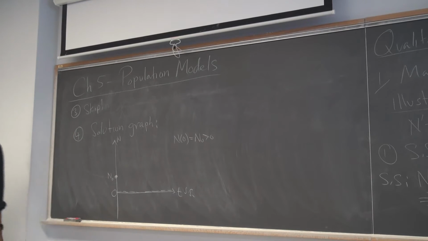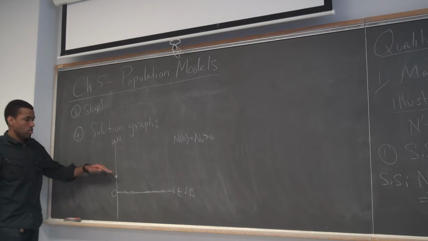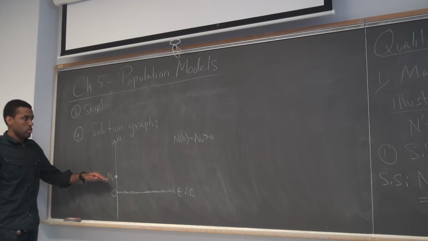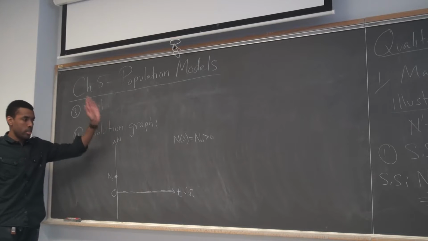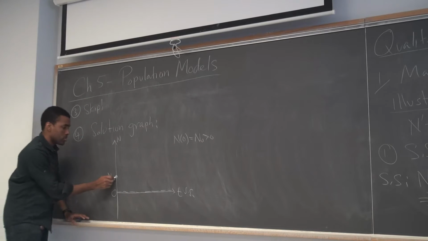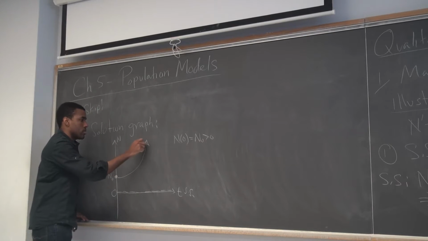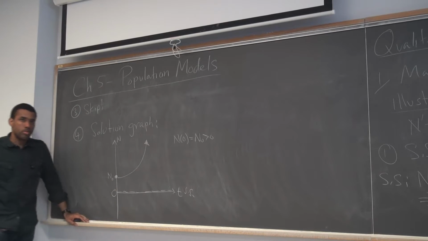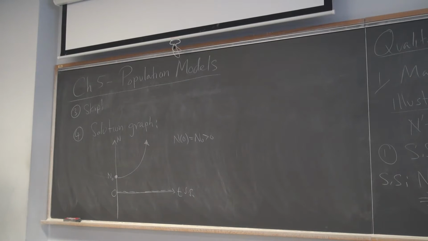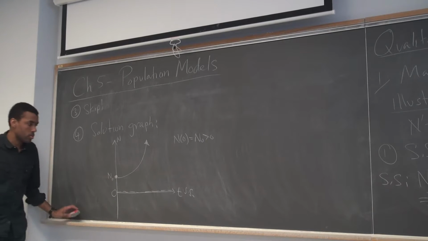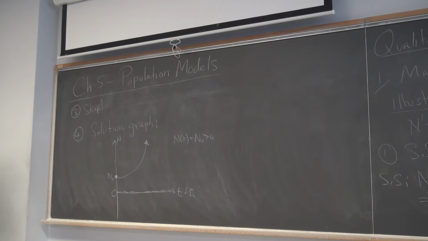How will the population look? It will be concave up and heading up, away from 0. So that would be how this population is growing. It's just growing exponentially.